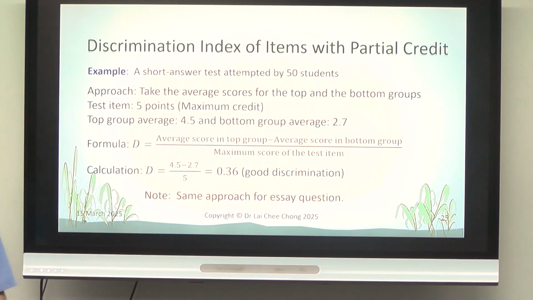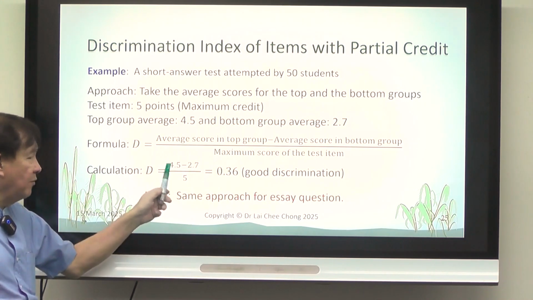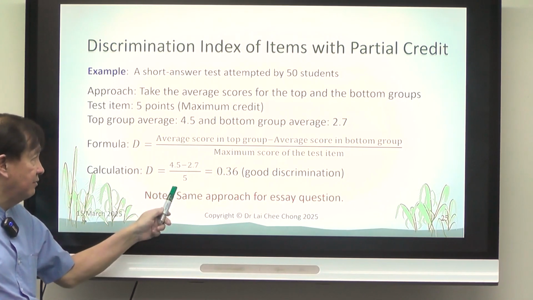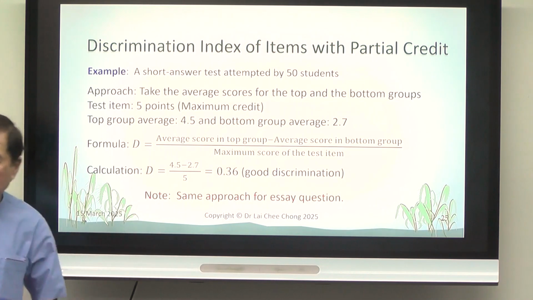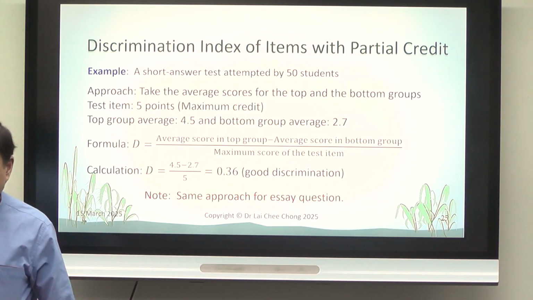So you take the average, remember that. Then you divide it by the maximum score, which is 5. So the average minus the average, divided by 5, gives you the D here. You got it? Okay, good.